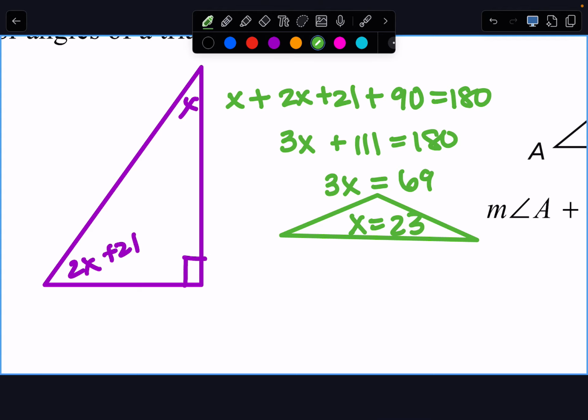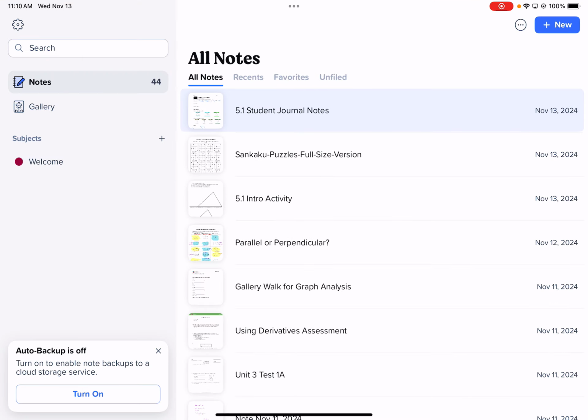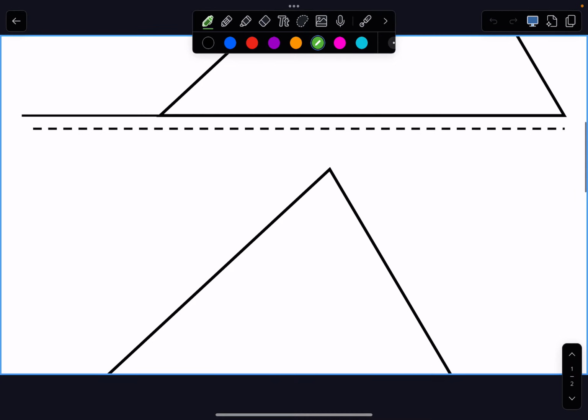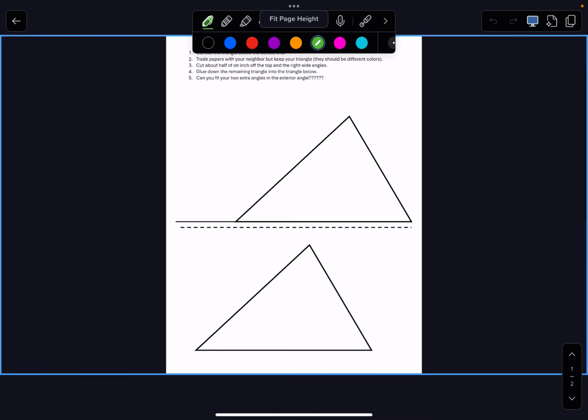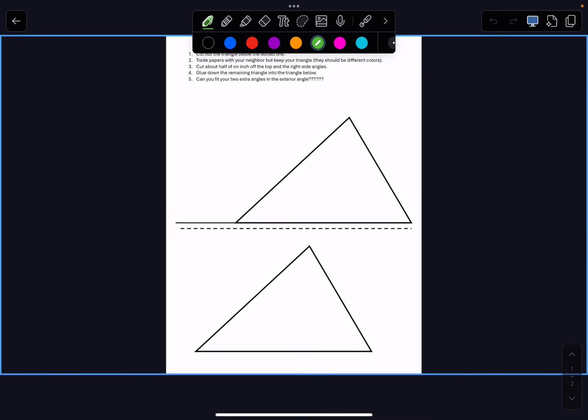I'm going to give you and your elbow partner each a different color of paper. When I give it to you, will you please cut out this bottom triangle? There should be scissors.